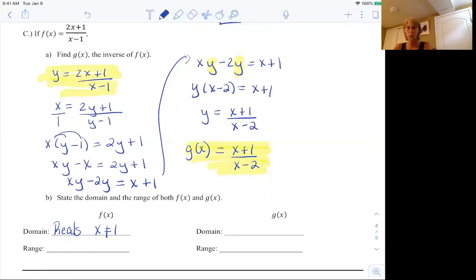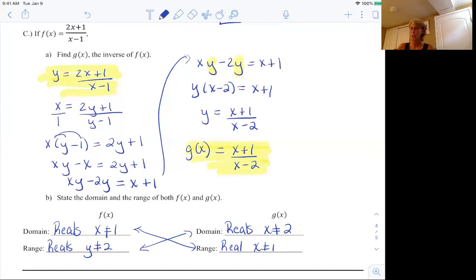But if I go over to my inverse, I can get the domain there, and it's a little bit easier to do it this way. x can't equal 2. So the range becomes all real numbers, y can't equal 2, right? And the range of the inverse becomes all real numbers, x can't equal 1. They just sort of switch. Okay, f of x and g of x. This happens when they're inverses of each other.